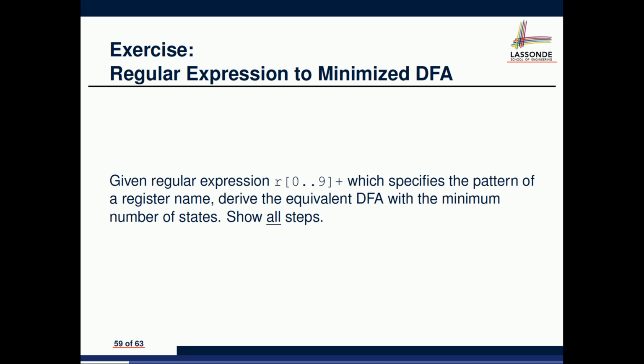Given this regular expression, first put it into the epsilon NFA, then use subset construction to go to DFA, and then apply the minimization procedure to minimize the states. A few procedures. This could be one possible exam question I would like to ask. I might just give you this regular expression, and then on the next two pages, ask you to come up with the minimized DFA.